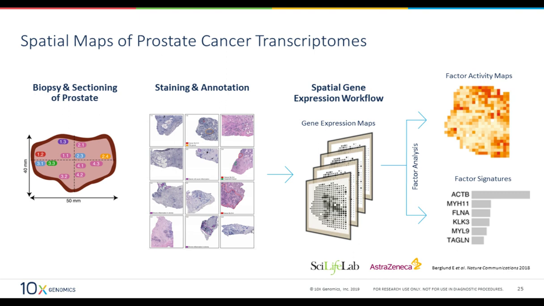And then we're going to take this through a gene expression workflow and assign 6 genes that we will call factor signatures that are highly expressed in cancer. And we'll perform a heat map analysis of where those genes are upregulated on the spatial tissue.